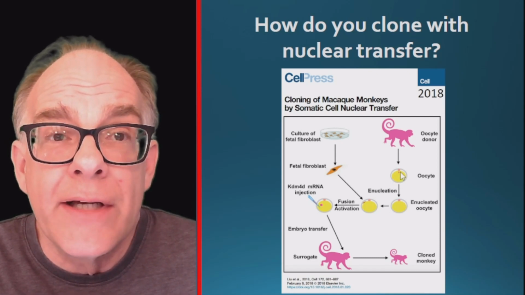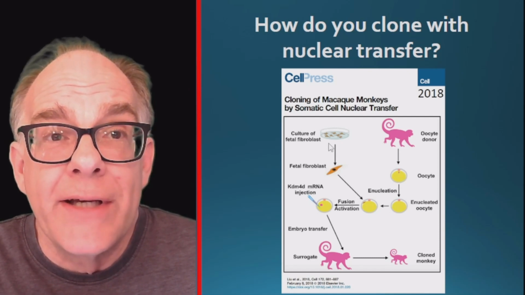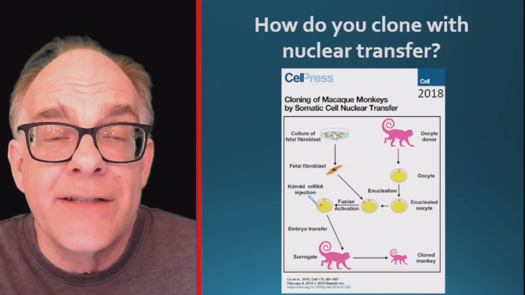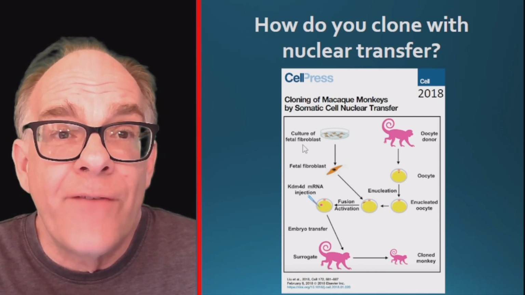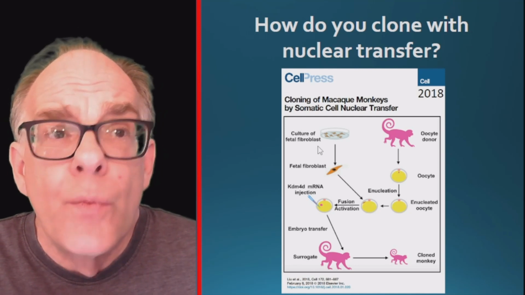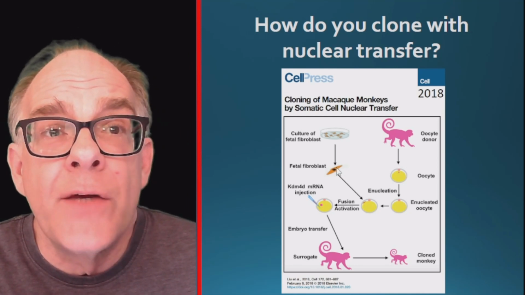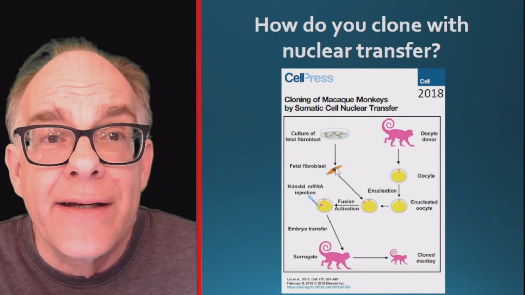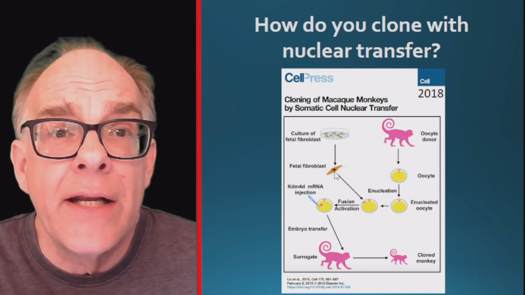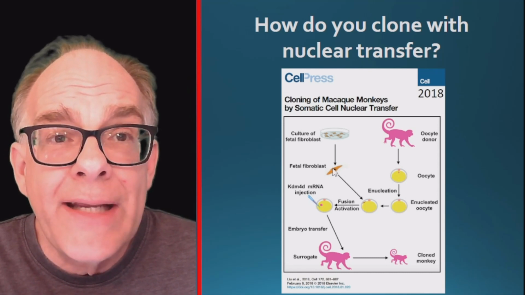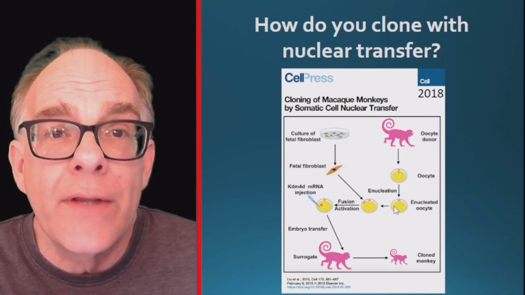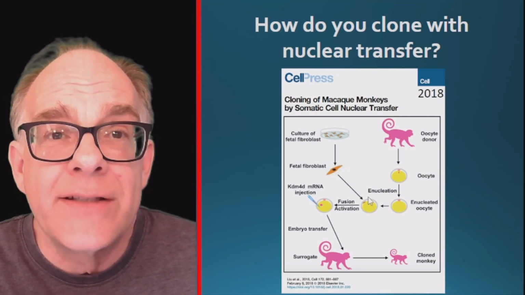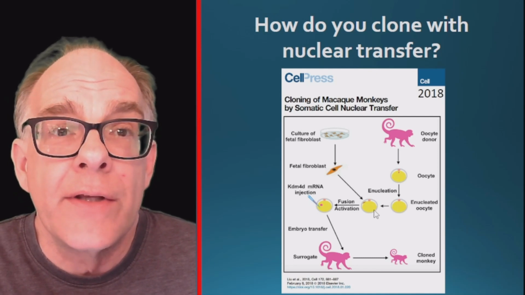In this case, though, we're not going through the process of fertilization, so we're going to eliminate the egg nucleus, and instead, we're going to replace it with a nucleus of an existing organism cell. In this case, we're taking fibroblasts, which are skin cells, growing them in the laboratory, and collecting a nucleus, the nucleus containing the genetic material, and transplanting that into that enucleated egg, the egg cell that doesn't have a nucleus in it.